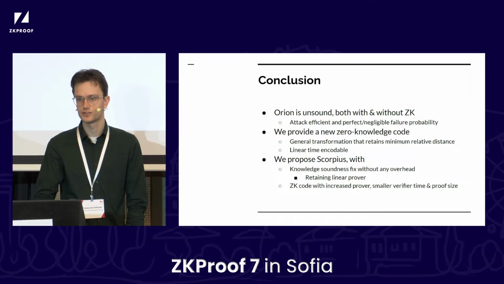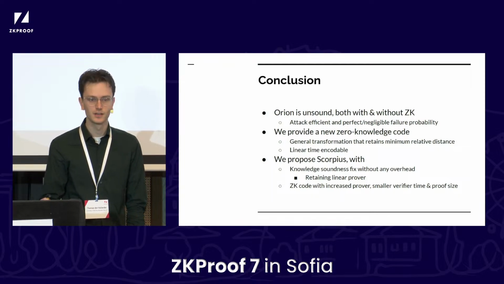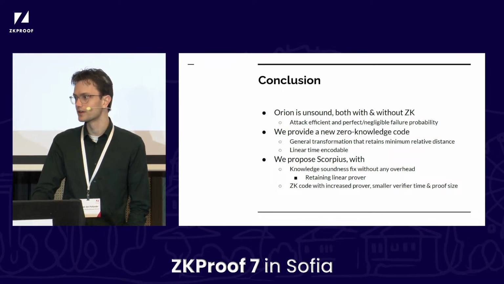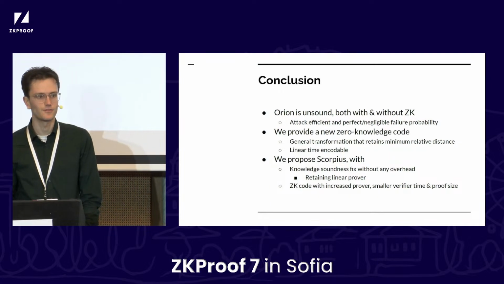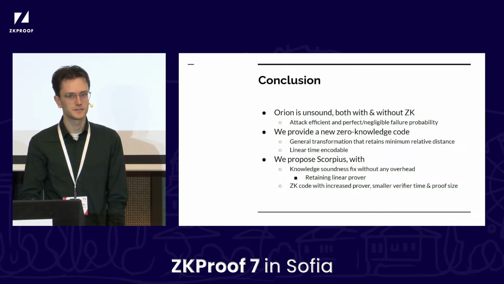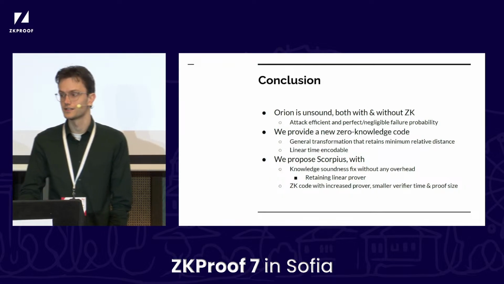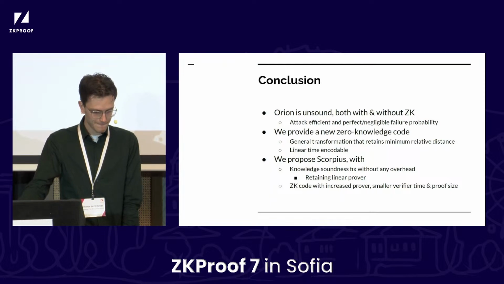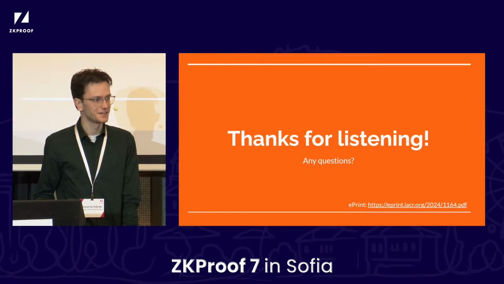We propose Scorpius, which is an alternative that solves the issues with Orion while retaining the linear prover and doesn't have any significant disadvantages that you might expect from a naive fix. And that's the presentation. Thank you.